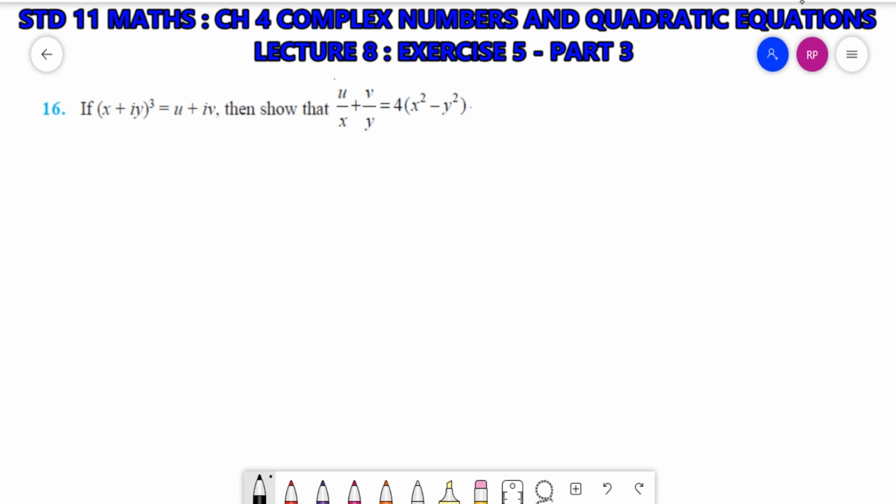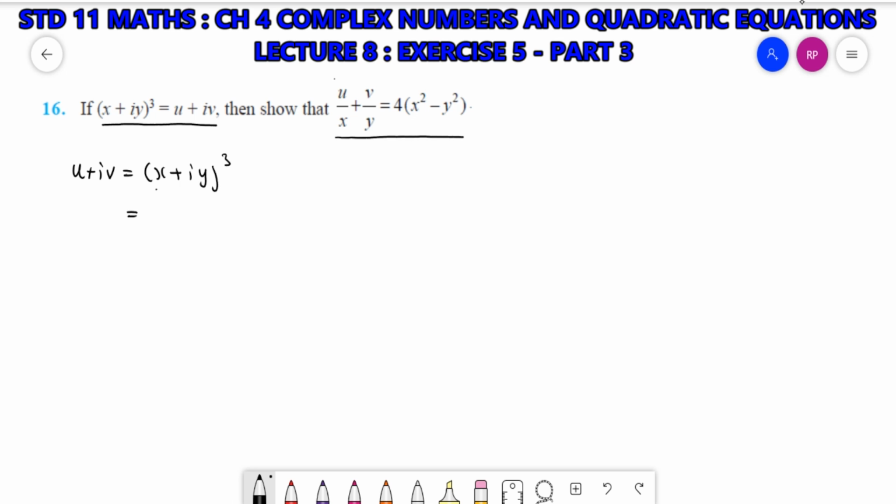Question number 16: if (x plus iy) whole cube is u plus iv, then you have to prove u by x plus v by y equal to 4 into (x square minus y square). Let's write down u plus iv equal to (x plus iy) whole cube.